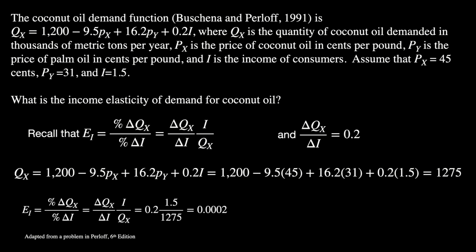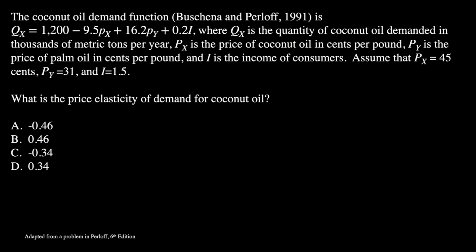Now, plugging all these values into the income elasticity equation, we find an income elasticity of demand of 0.00002. The positive coefficient implies that coconut oil is a normal good, but the really small number suggests that a change in income really doesn't have much of an effect on coconut oil.